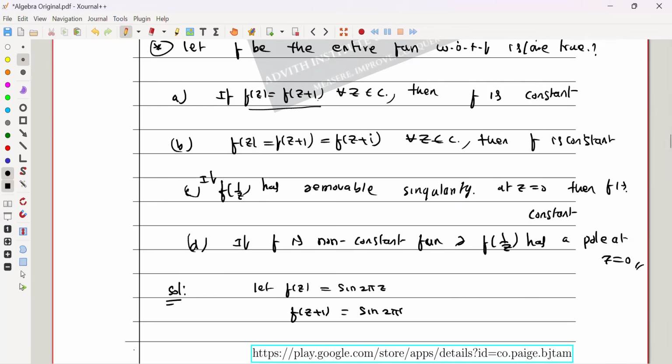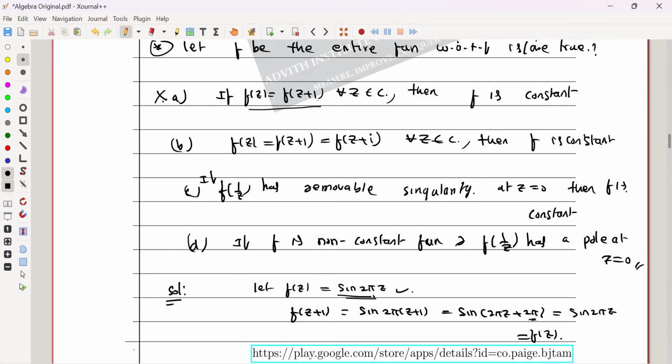Sin of 2 pi into z plus 1, which is sin 2 pi z plus 2 pi. Sin is periodic with period 2 pi, so this equals sin 2 pi z, which is f of z. So this function is periodic with period 1, but it is not constant, and it is also entire. So option A is false.